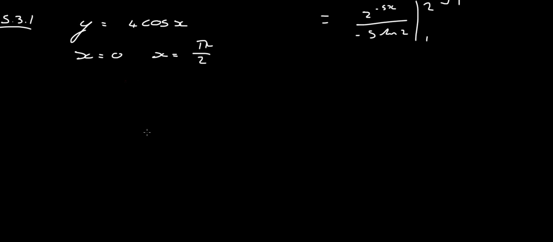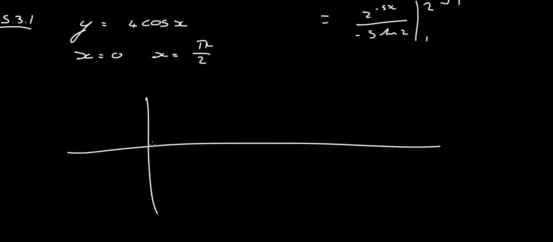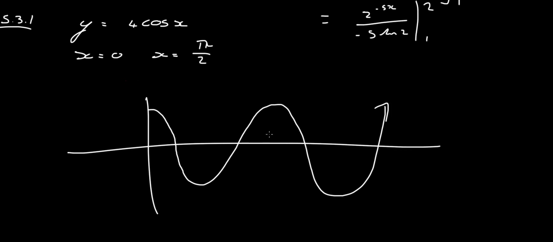Okay, so basically what they're saying is draw the graph y equals 4 cos x, and 4 cos x looks a little bit like this, and so on. This value is 4. This value here is minus 4.